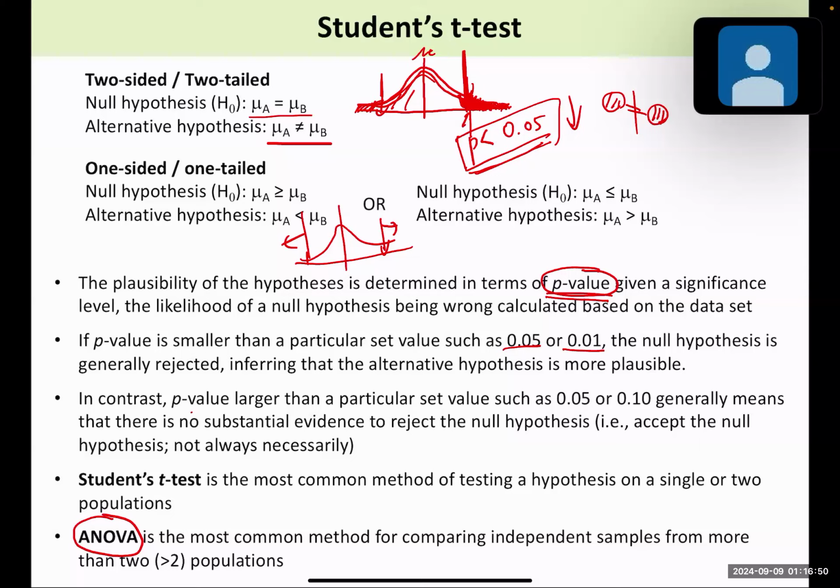So in ANOVA, when the p-value is smaller than a certain threshold, you reject the null hypothesis that all the populations are the same. So that means at least one population among these four is different. So that's a bit different from the student's t-test.